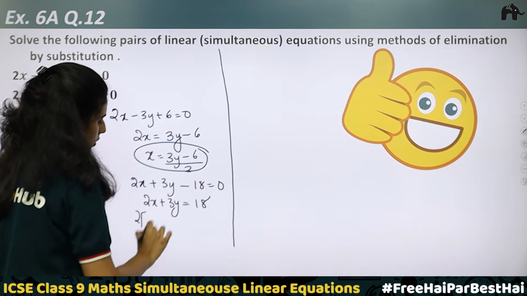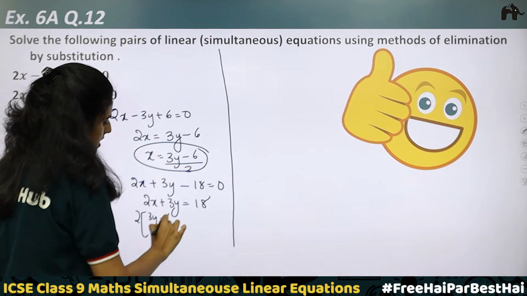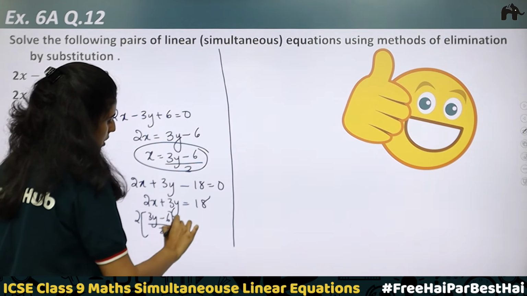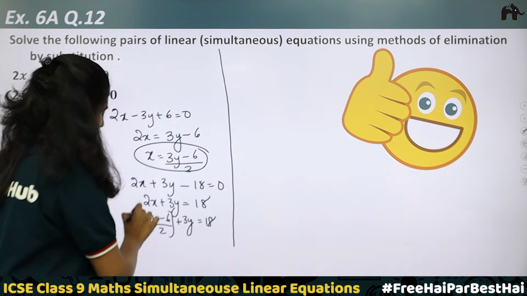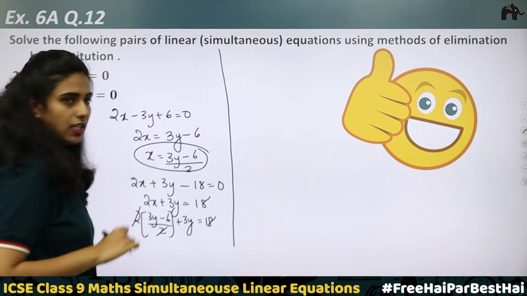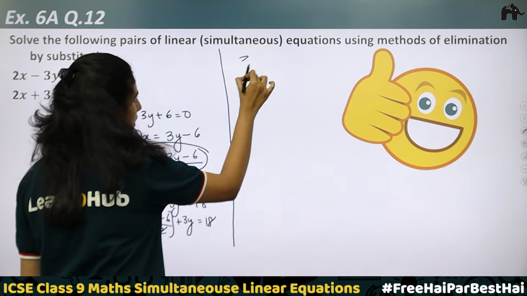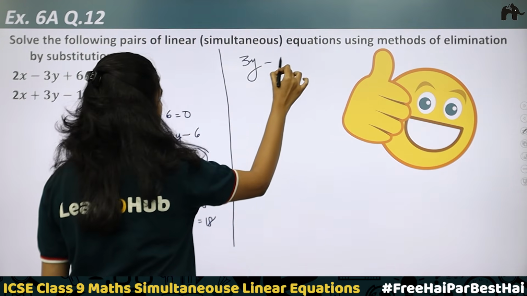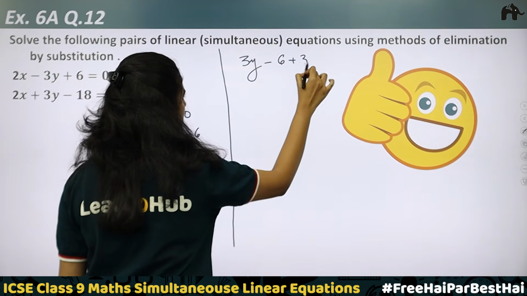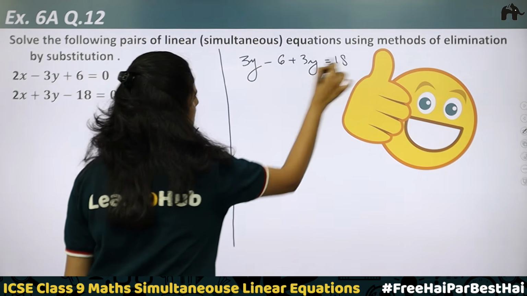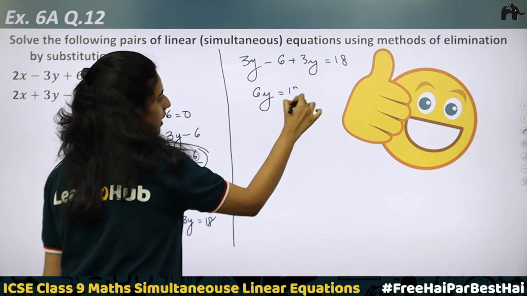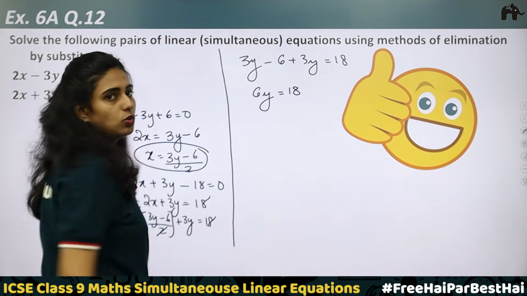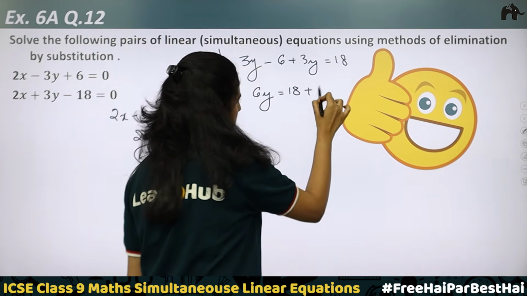So 2 into 3y minus 6 divided by 2 plus 3y is equal to 18. Now this 2 and this 2 can be cancelled. We have 3y minus 6 plus 3y is equal to 18. 3y plus 3y is 6y is equal to 18. Minus 6 taken to the opposite side, plus 6.